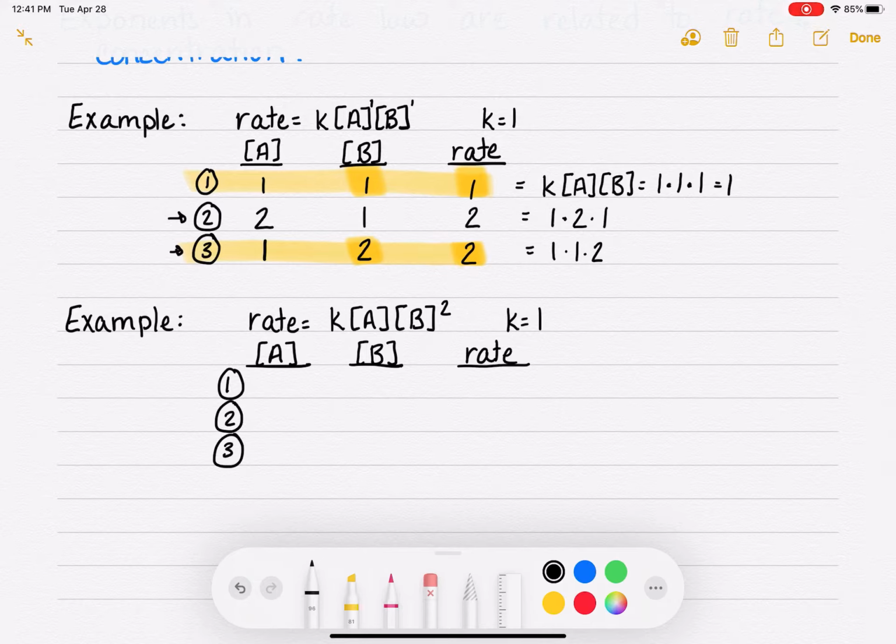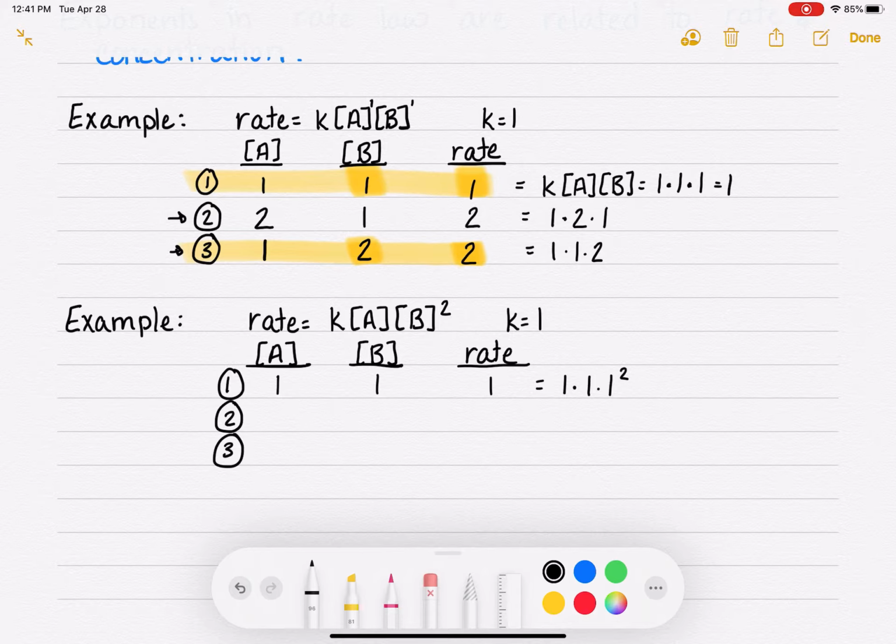And let's say that we start with a concentration of 1 molar A and 1 molar B. What would the rate be? Well, again, our rate is going to be K, which is 1, times A, which is 1, times B, which is 1 squared, still just a rate of 1.